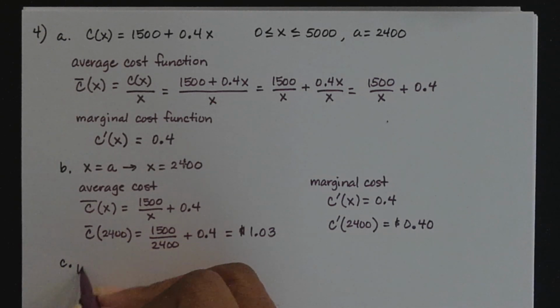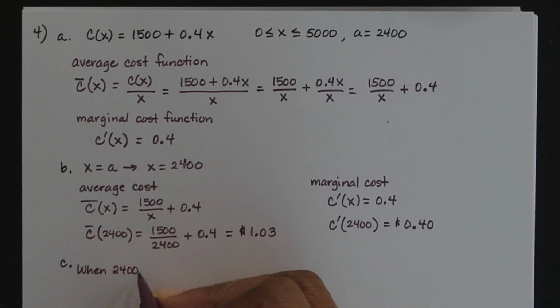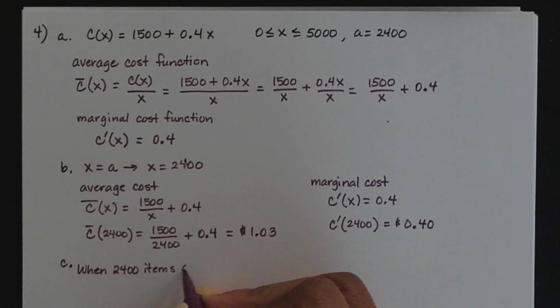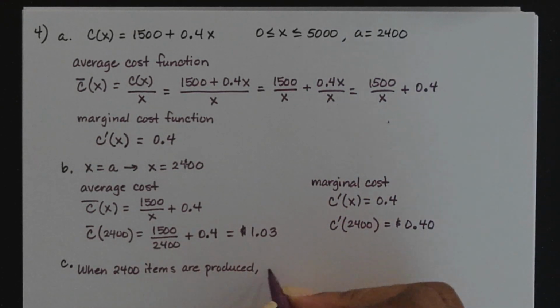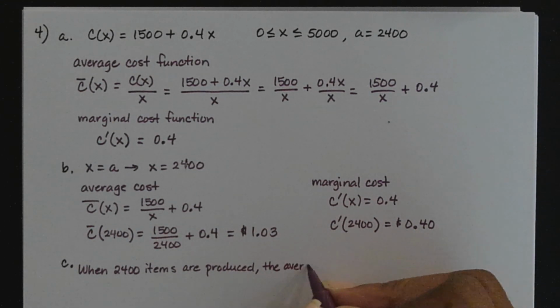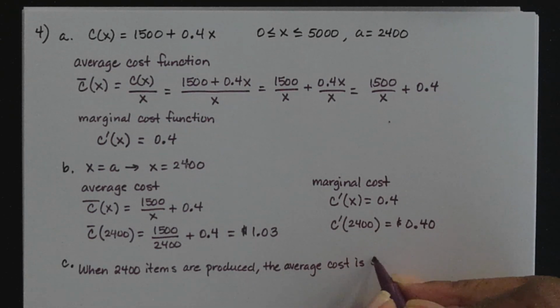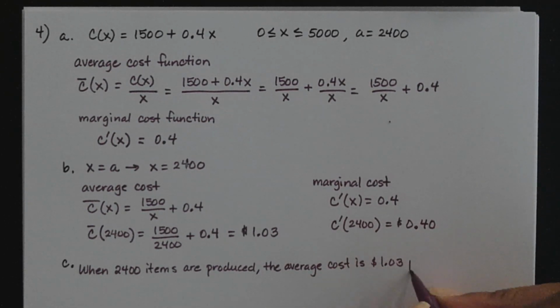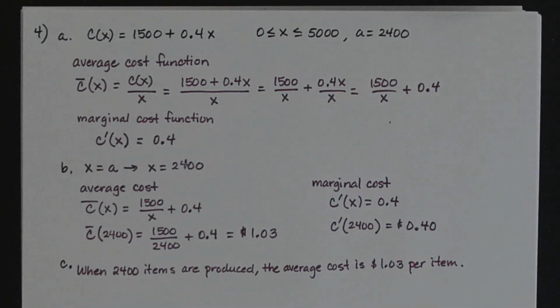So that means when 2,400, let's say items, because we don't know what those items are, are produced, the average cost is $1.03 per item. That's how we interpret the average cost.